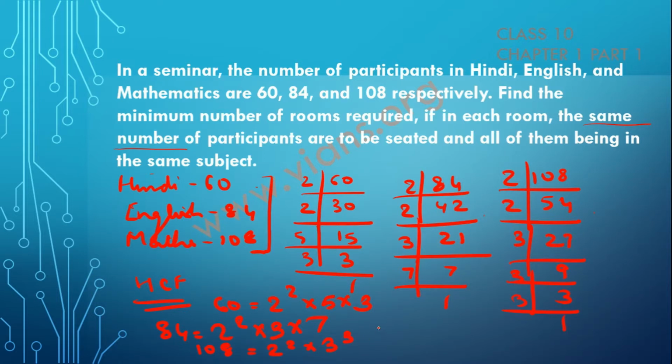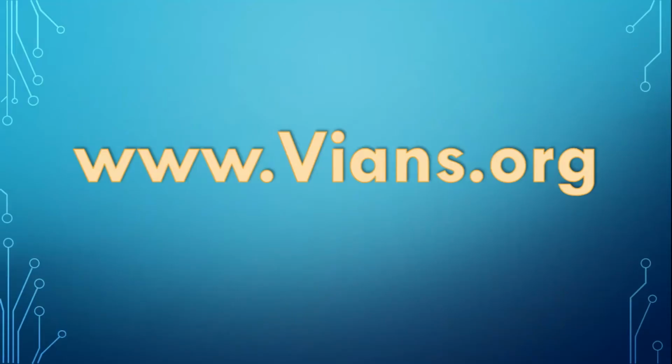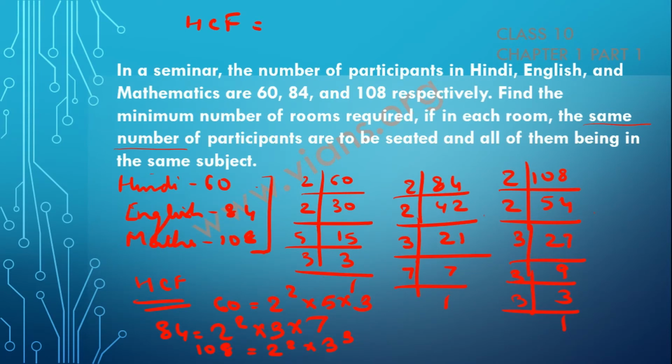Now, to find the HCF, the HCF would be the common factors taken to the lowest powers.